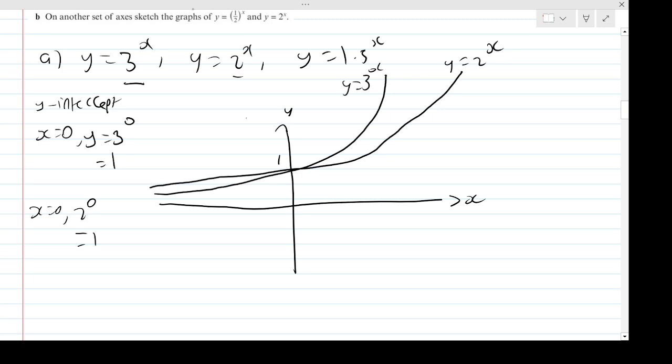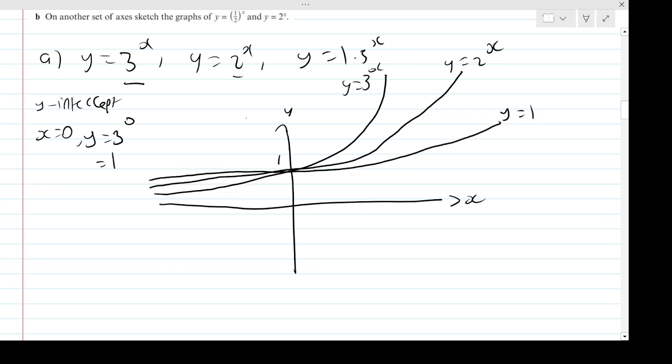And so then we have 1.5 to the x. Again, it's the same sort of idea. It will rise more gradually than 2 and 3. So it will look something a bit like this. Something like that, right?